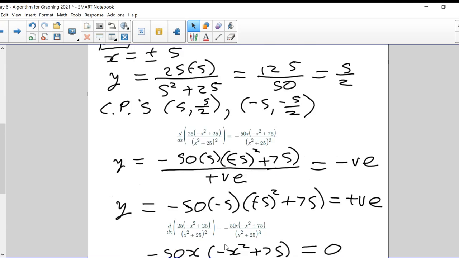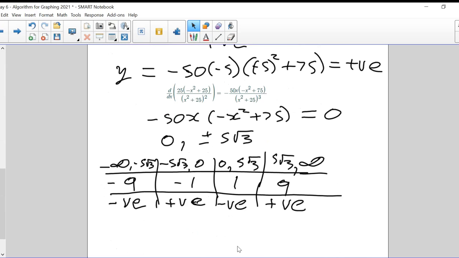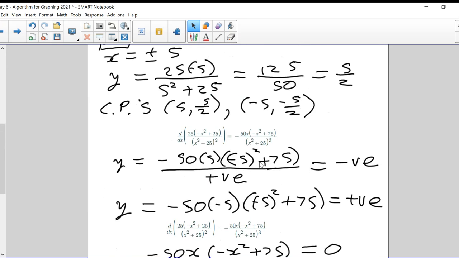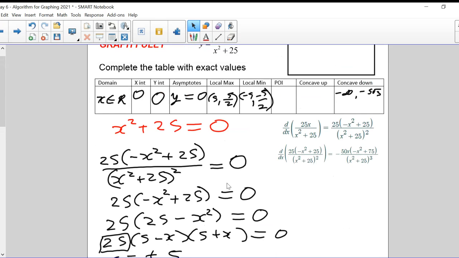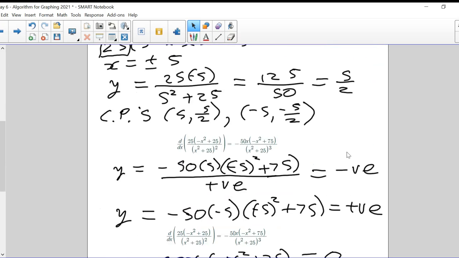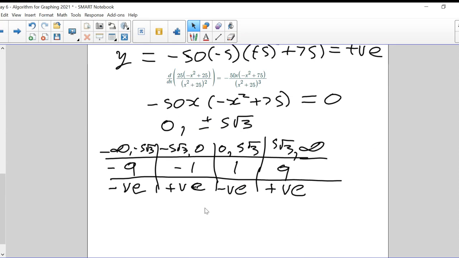The other place where it's concave down, where the second derivative was negative, was from 0 to 5 root 3. That part is concave down. So the rest of it would be concave up, from minus 5 root 3 to 0, and from 5 root 3 to infinity.